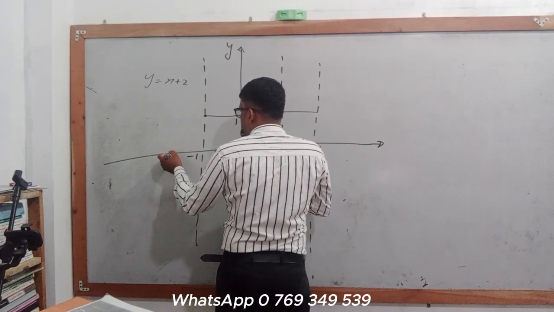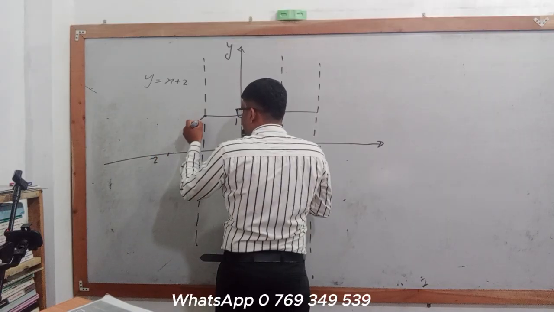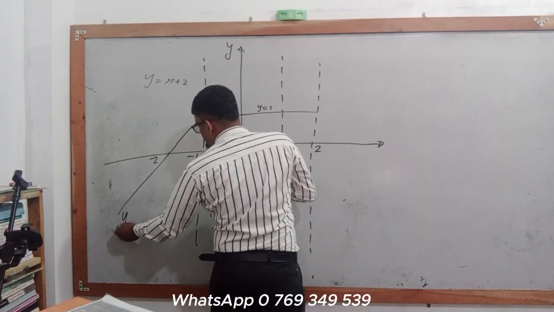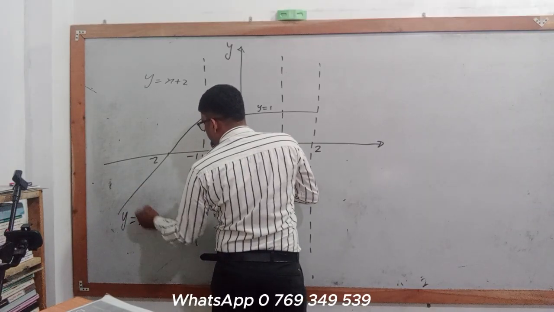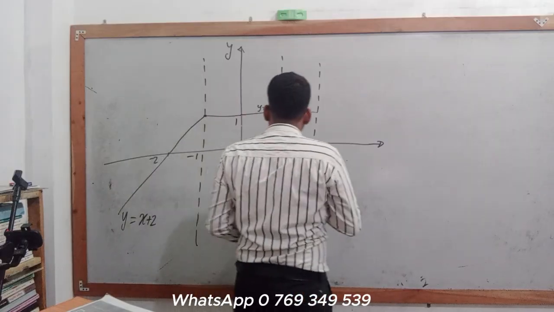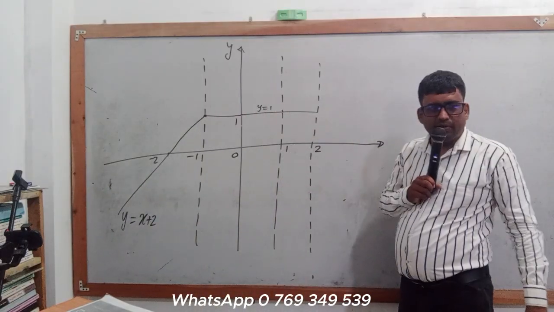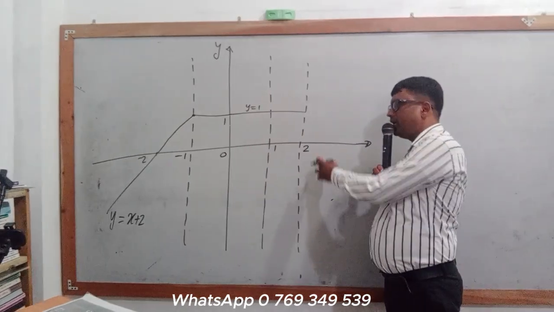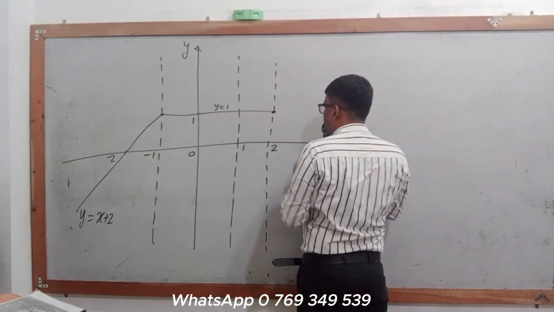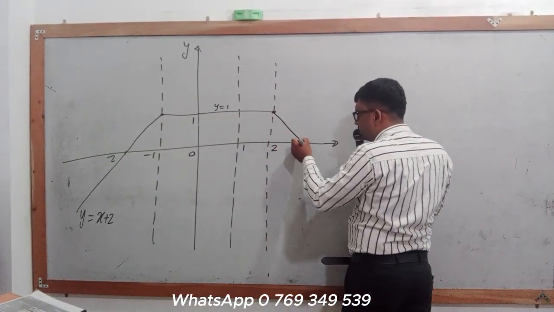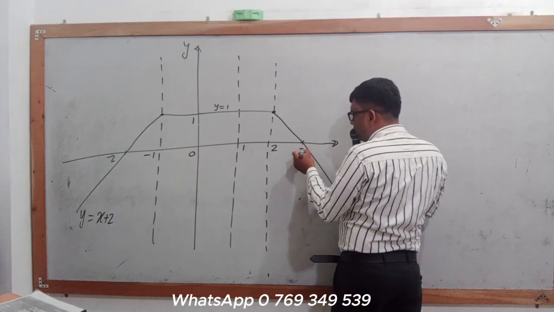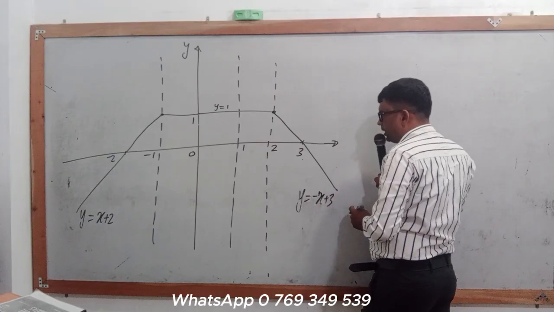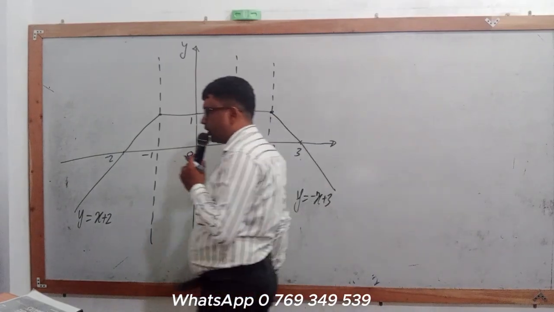If it is minus 2, that goes to 0 like this. This is y equals x plus 2. The other given equation is minus x plus 3. You put 2 here, that should be 2, and 3 goes like this. This is the point 3, y equals minus x plus 3 like that. That is f(x).